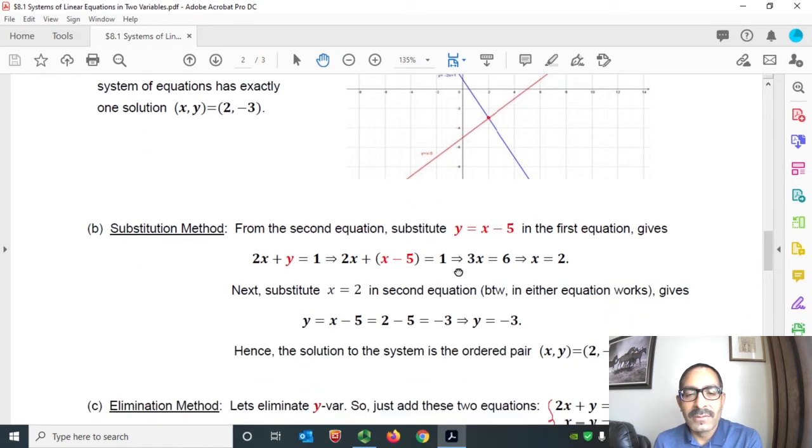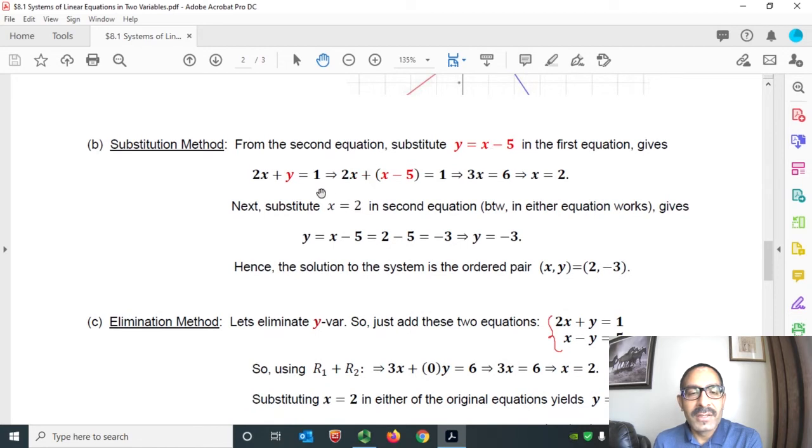Let me scroll down. Then 2x as it is, plus y is x minus 5, equals 1. Then solve for x. So here 2x plus x is 3x, and take minus 5 to the right-hand side, it becomes plus 5, and plus 1 is 6. So we have 3x equals 6. Divide both sides by 3, then we will have x equals 2. So we found the value of x.